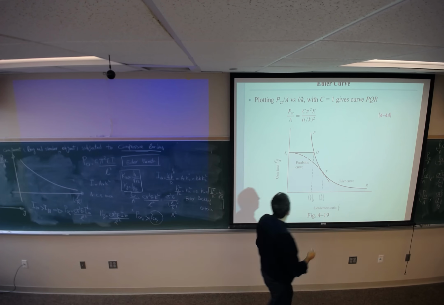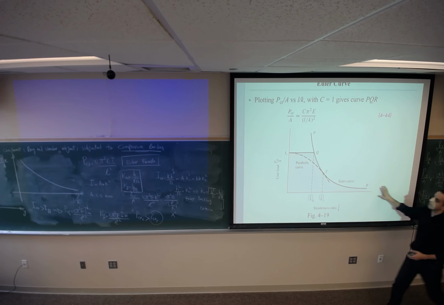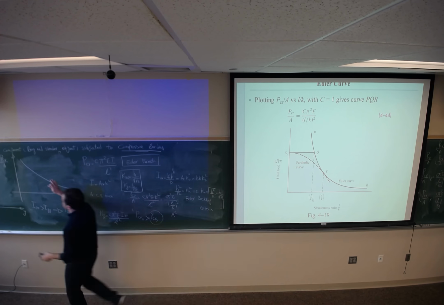L over K is the slenderness ratio, and P critical over A is the unit load. We will discuss this graph on Wednesday.